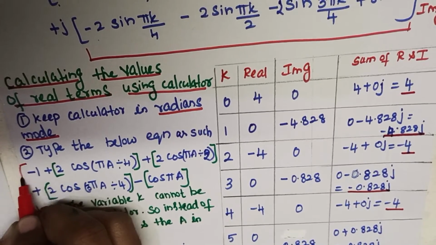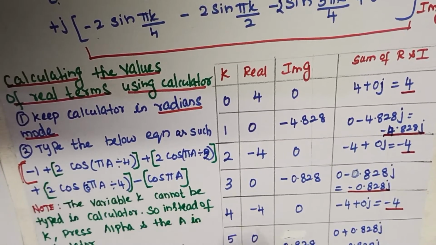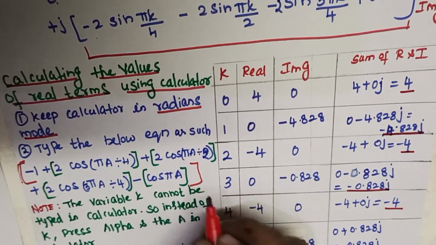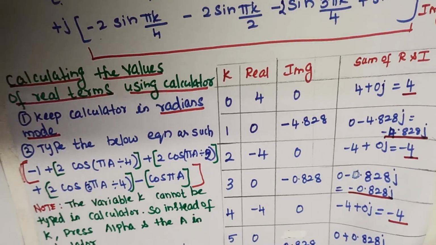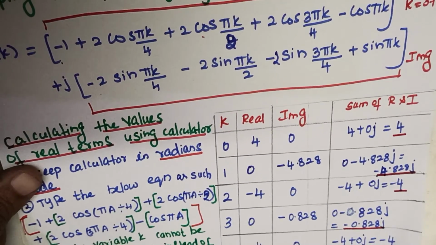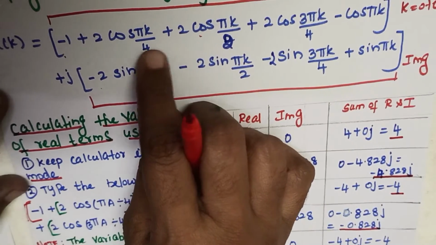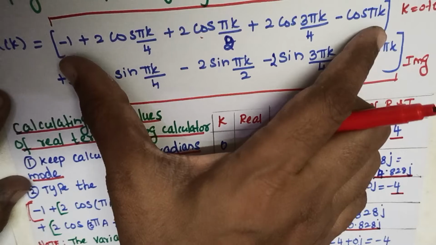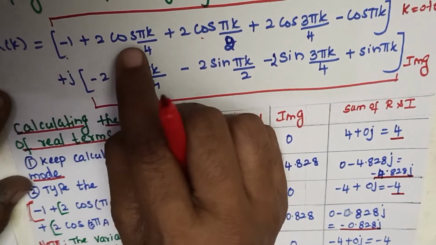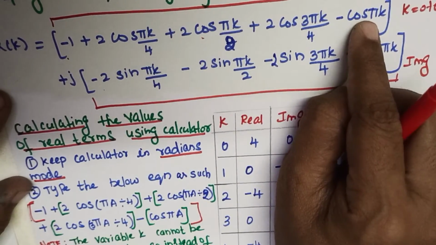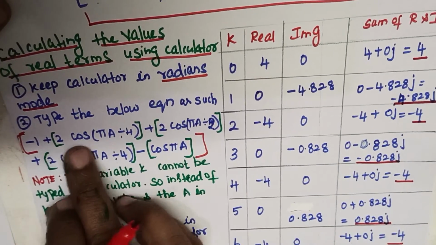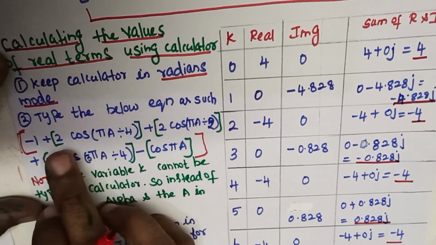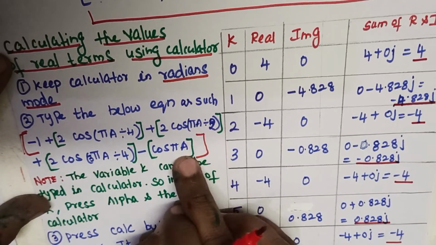Now if you look into this equation, this is nothing but the equation that we got for the real terms alone. We have grouped the real and the imaginary terms separately, is it not? And in the real term equation, we have got 1, 2, 3, 4 and 5 terms. These 5 terms I am entering in the calculator as I have written here as it is.